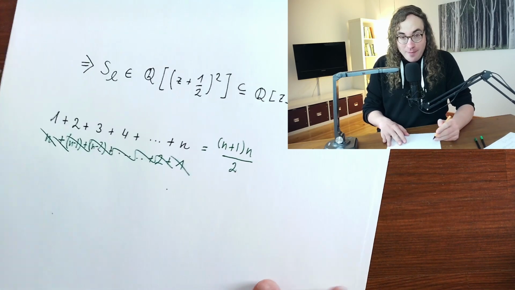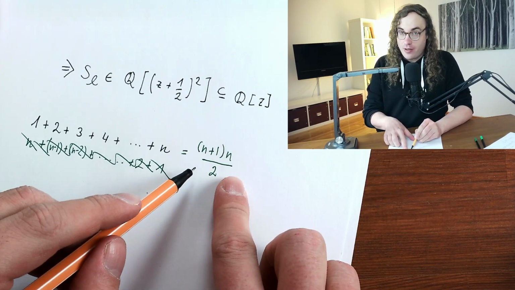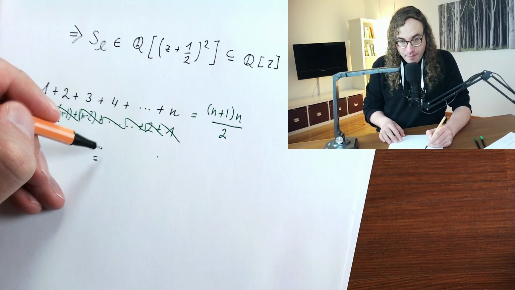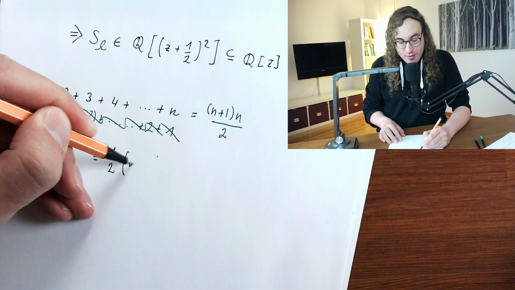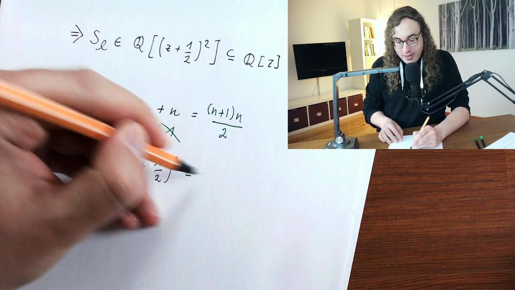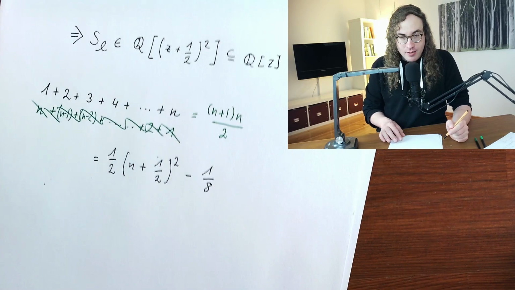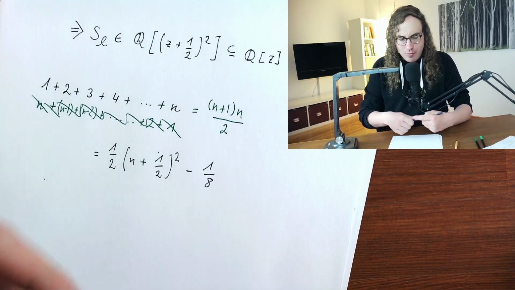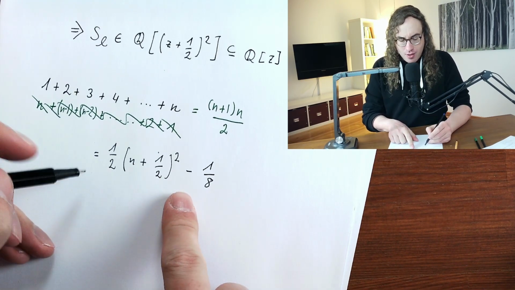But the trick is, let's complete the square in this term here. What I get here is 1/2 times (n plus 1/2) squared minus 1 divided by 8. So that we don't get confused, let me double check this. Let me just undo this bracket.